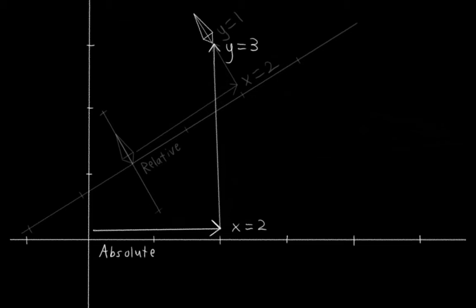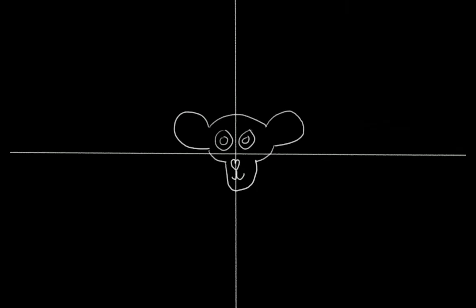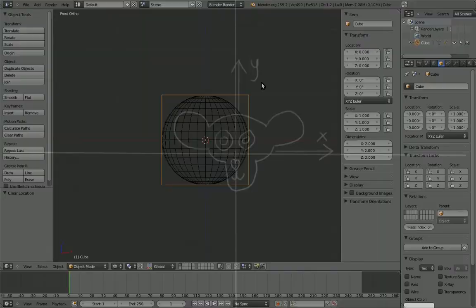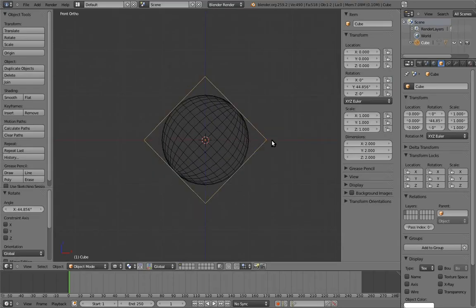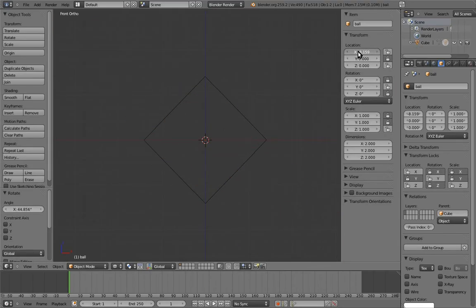But bones are not the only things that can have local spaces. They're just the only thing whose local space we can set directly. By default, an object's local space corresponds exactly to world space. But that can be changed if, for example, you give it a parent. In fact, we exploited that in the bouncy ball rig. Remember that when the parent was rotated, the translation axes of the ball changed with it.